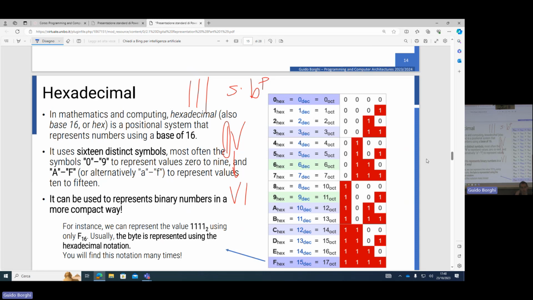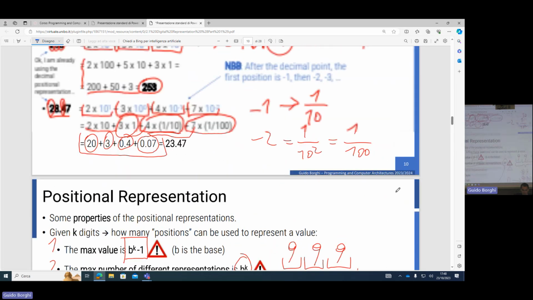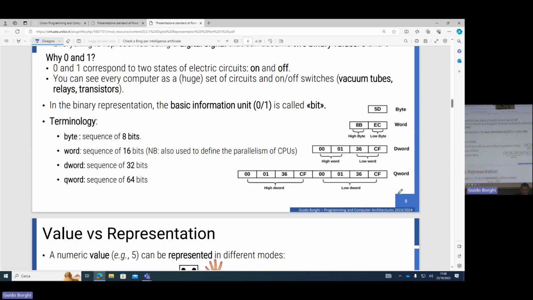So you can see that the use of hexadecimal representation is quite simple. And maybe you can understand also why I show you this representation. A byte has 8 different bits.